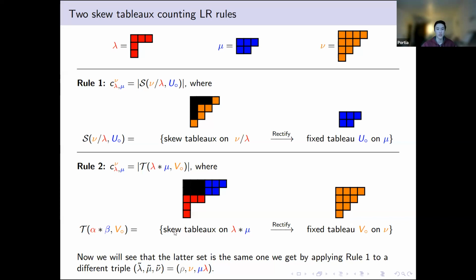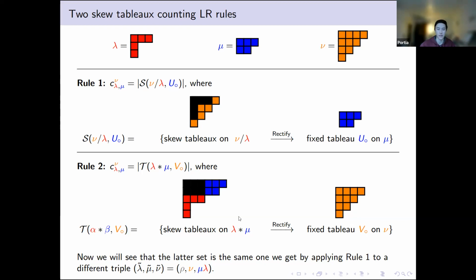And then what we're going to do now is look at this case and see that we can formulate the situation in terms of rule 1, except now our new nu is going to be this entire thing, and the lambda that we remove from it is going to be this black section here, and then our new mu is going to be what was nu.